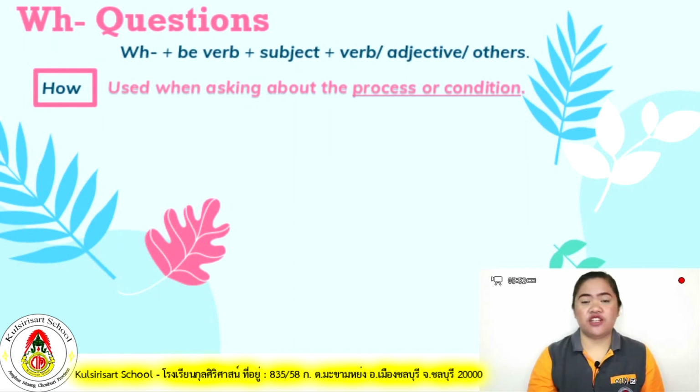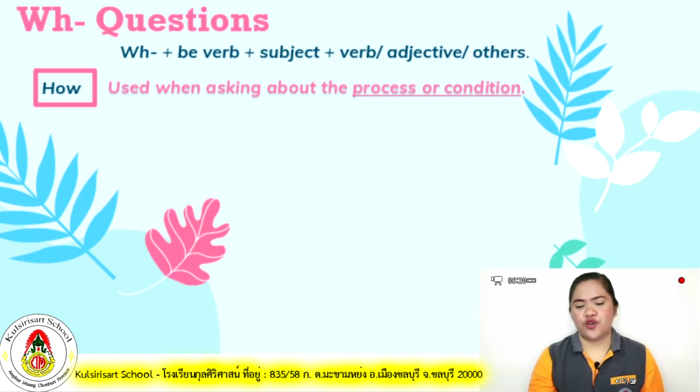It can be said in different manners. We have the function used when asking about the process or condition, like asking, how are you today? We use how, and then you answer, I'm fine, I'm great, thank you for asking.